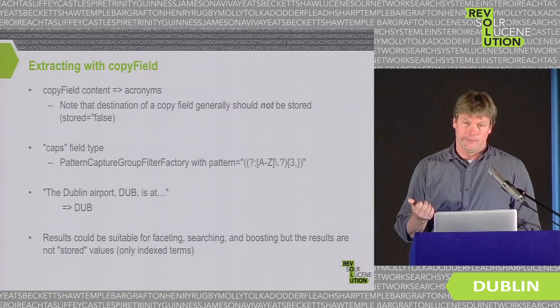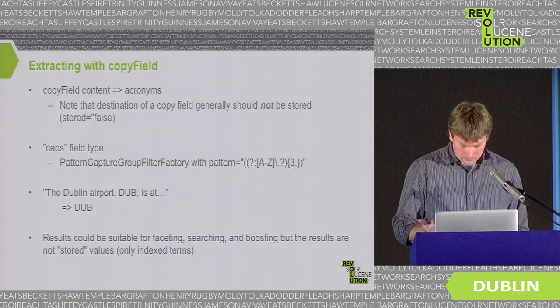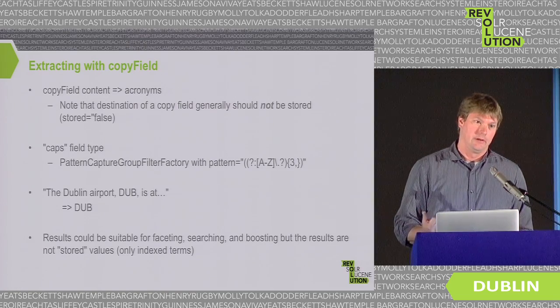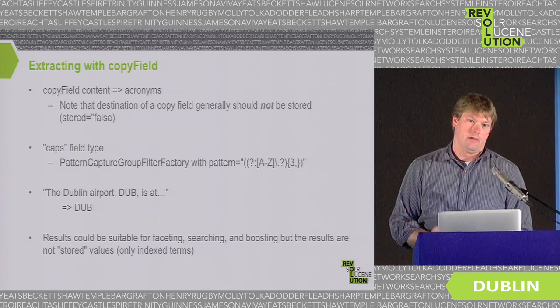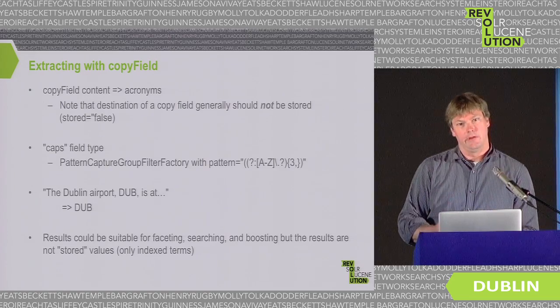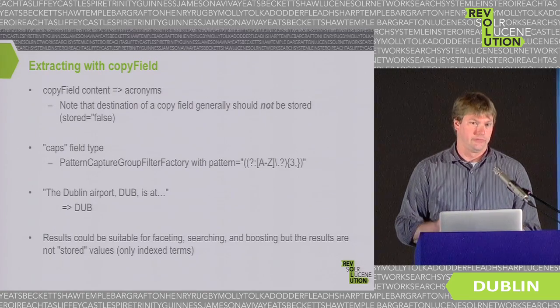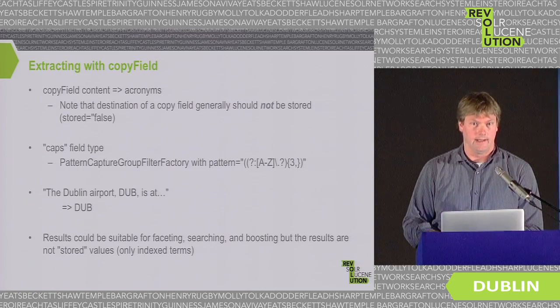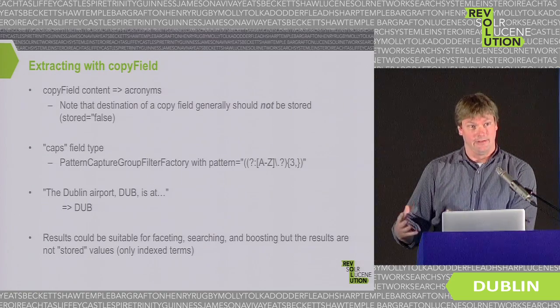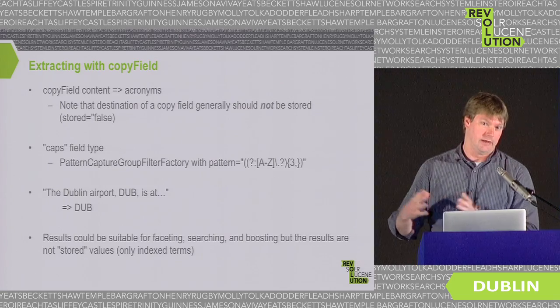Another note here is that the results of this analysis process are tokens that are indexed. The DUB that comes out is not a stored value inside of the Lucene index. It obviously lives inside the Lucene index, but as an index term, not as a stored value.